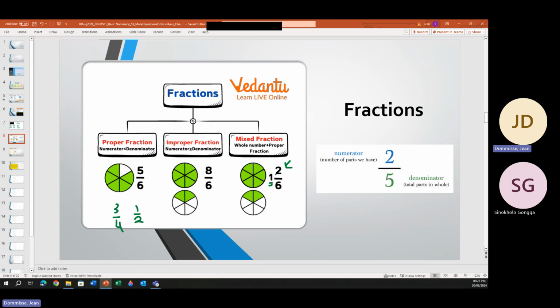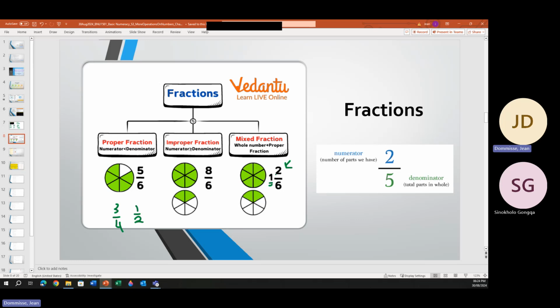So in your assignments or in the exam, they might ask you to rewrite as an improper fraction, or they might say write as a mixed fraction.